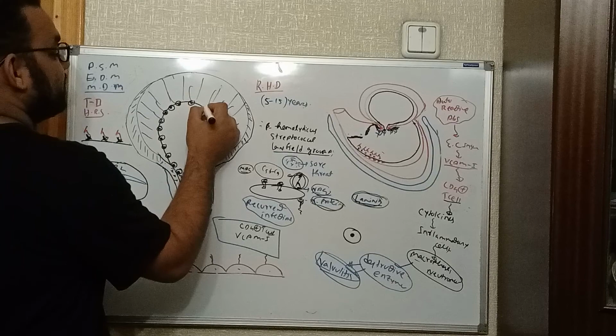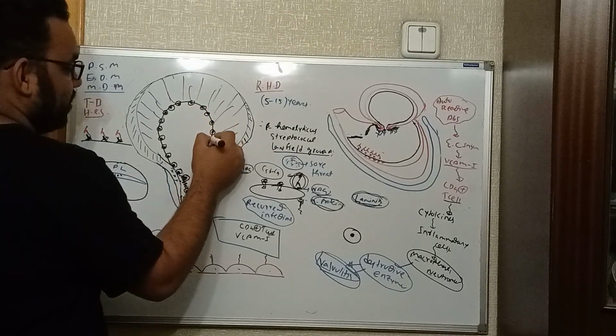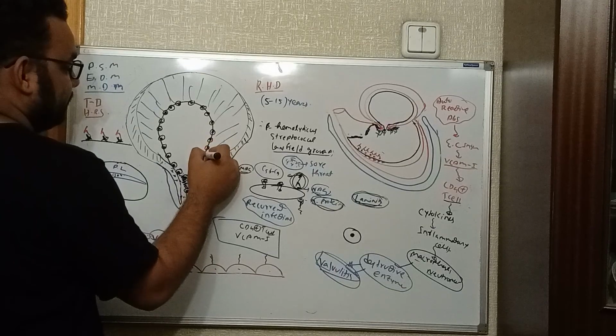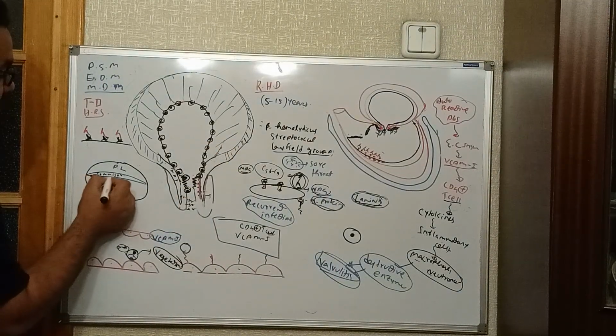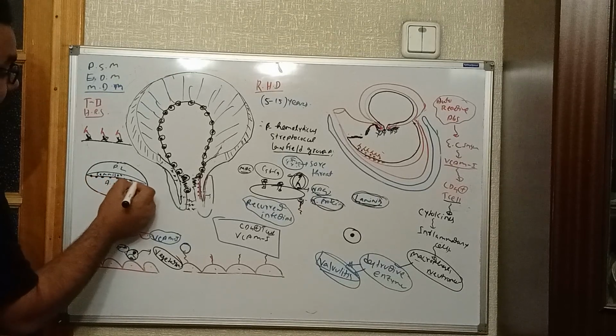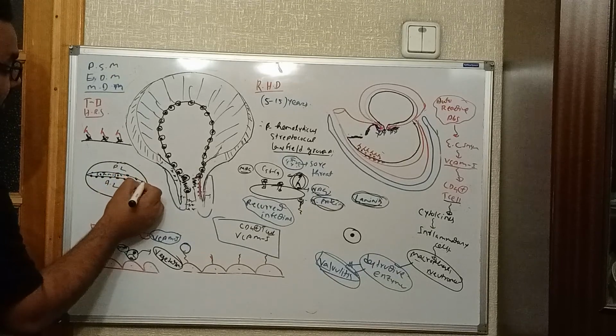They will produce the vegetations, and these vegetations will be along the line of these structures, along the line of the leaflets first.